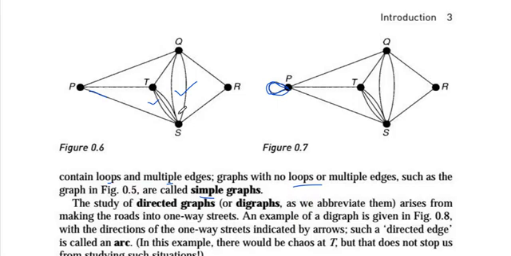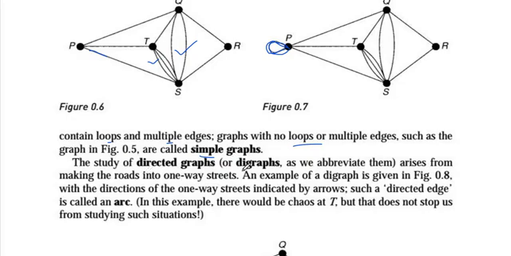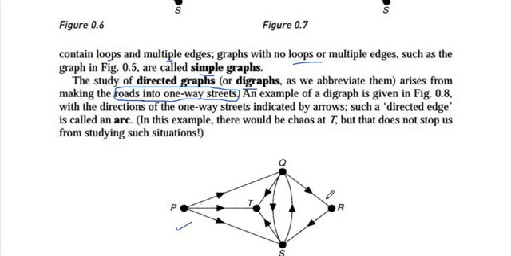Now our next definition is directed graph. The study of directed graphs, or digraphs as we derive from them, arises from making the roads into one-way streets. Like in this figure, we can only go from P to Q, not from Q to P. It is only a one-way road.